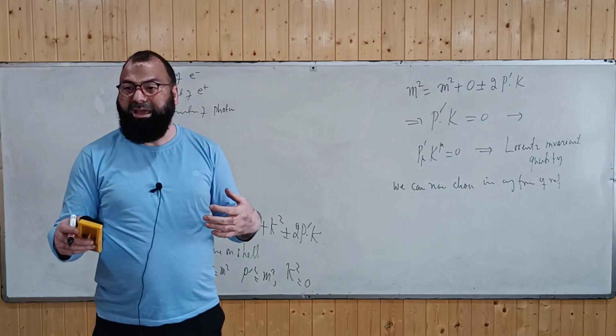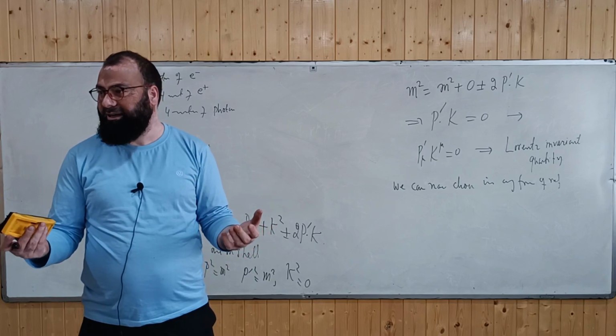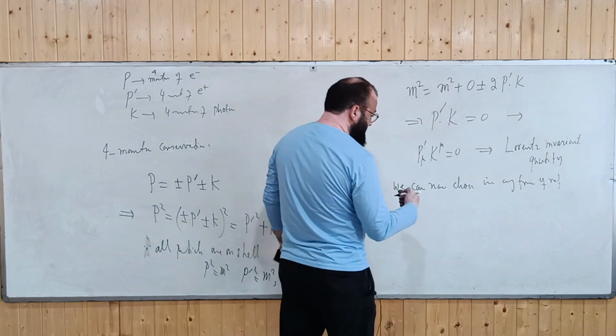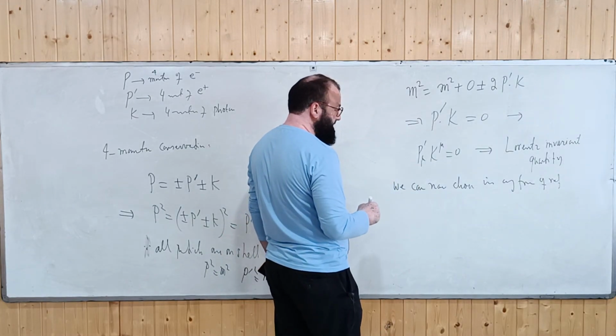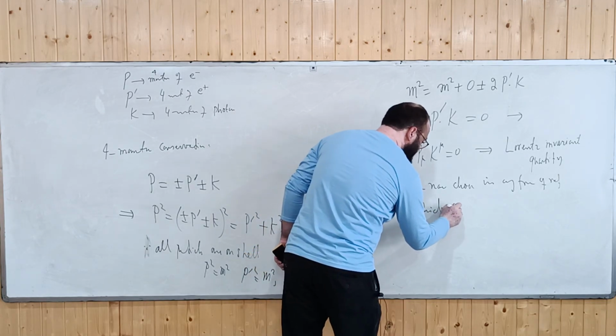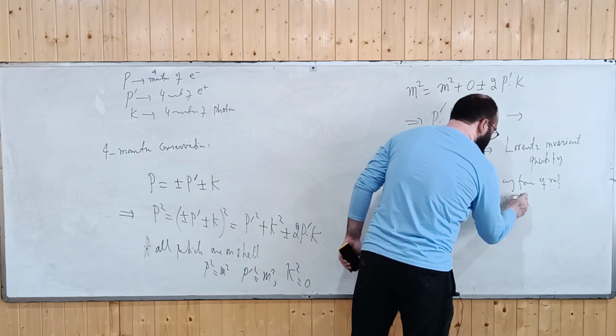So that means I can make the calculation in a simpler frame, and that will be valid for any arbitrary frame. Okay. So let's take any arbitrary frame in which, let's say, one particle is at rest.